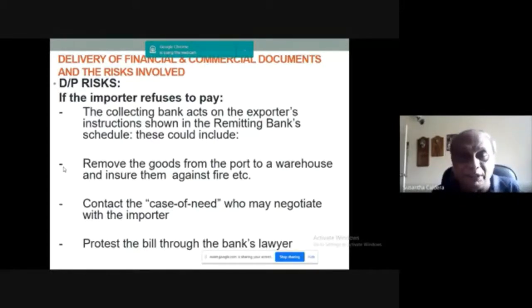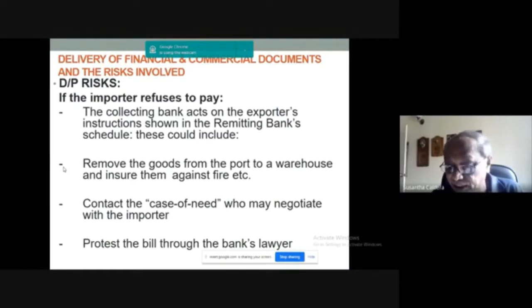Other one is case of need. Case of need is Article 25. Article 25, case of need says, if the principal nominates a representative to act as case of need in the event of non-payment and or non-acceptance, the collection instruction should clearly and fully indicate the powers of such case of need.